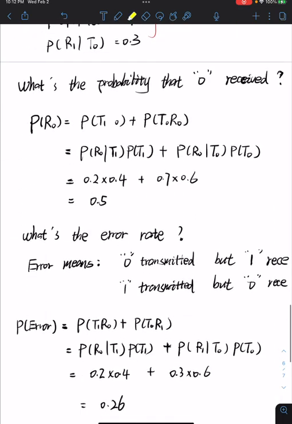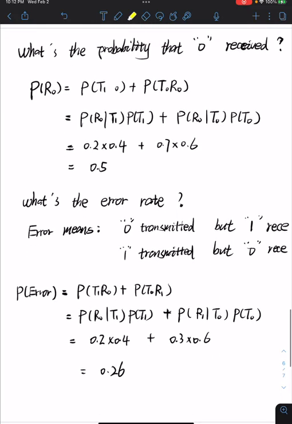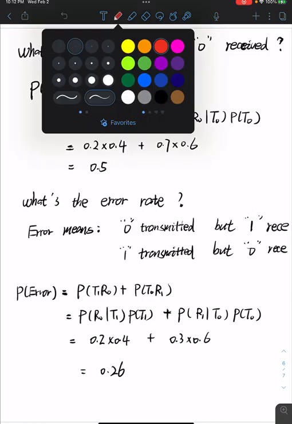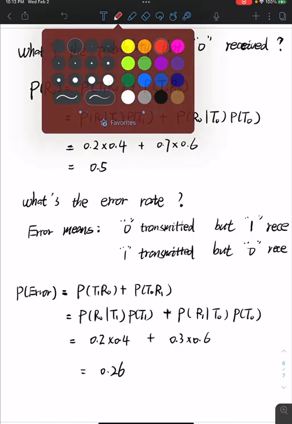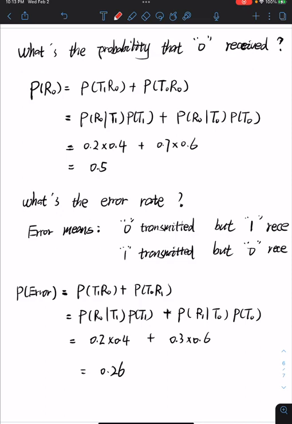And then we can write the equation: 1 transmitted but 0 received, plus 0 transmitted and 0 received.